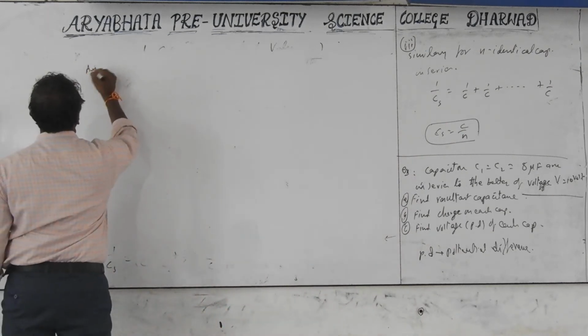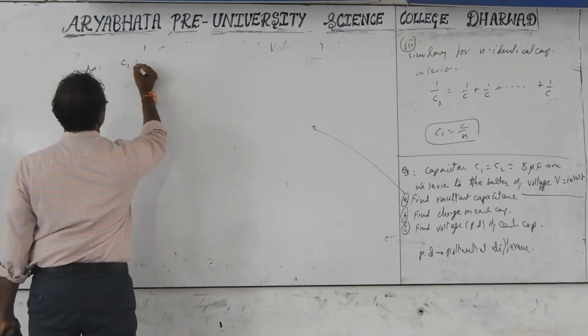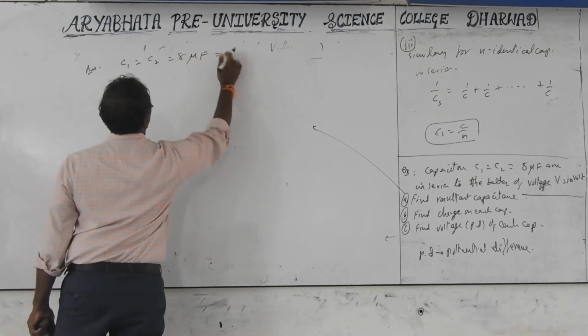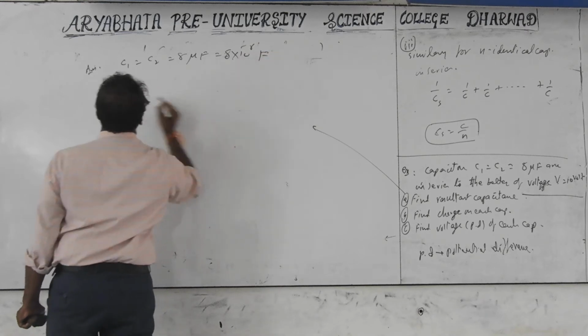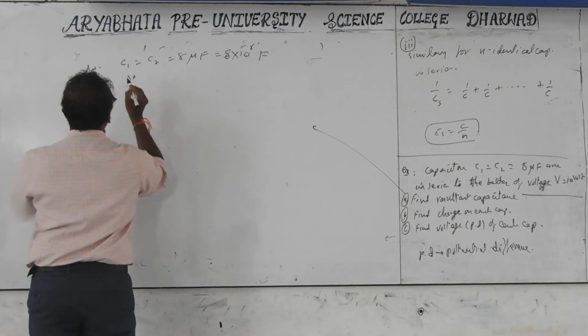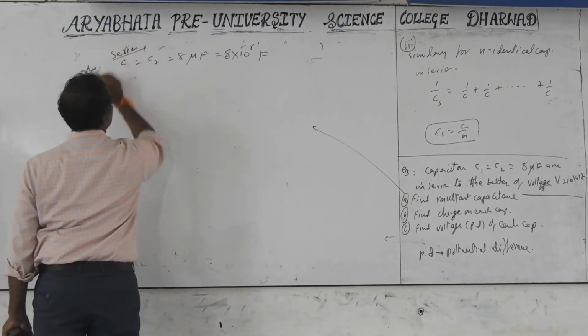Answer for that. C1 equal to C equal to 8 microfarads, 8 into 10 to the power of minus 6 farads, in series combination.